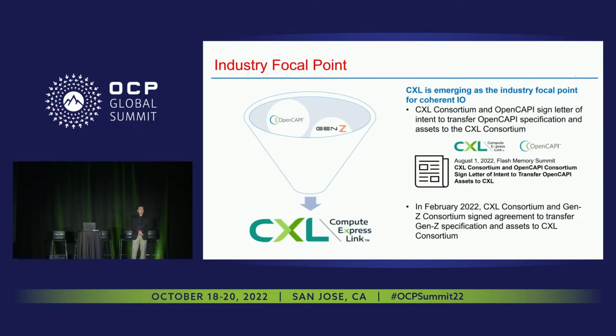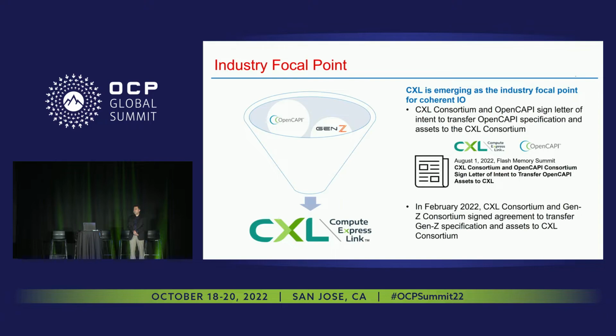In addition to all of that, we have created a momentum. People are recognizing CXL is successful, and are joining efforts. First, companies joined the consortium. They worked together and then realized the work that has been done elsewhere, for example, Gen Z or OpenCAPI, is complementary to the work that's being done at CXL Consortium.